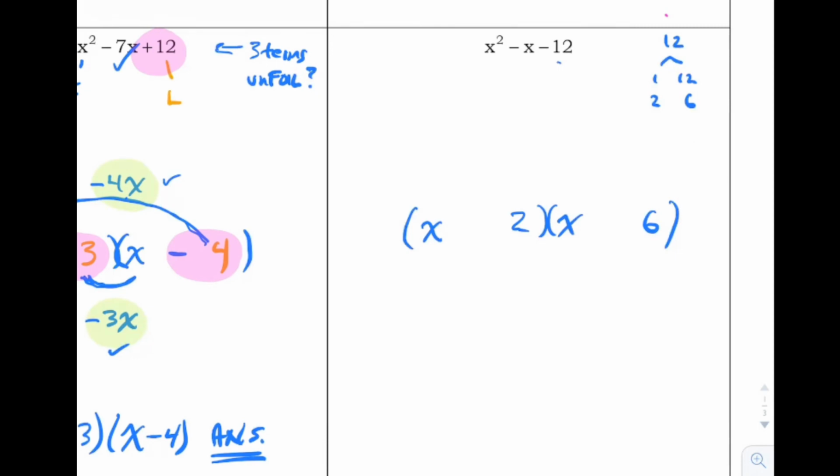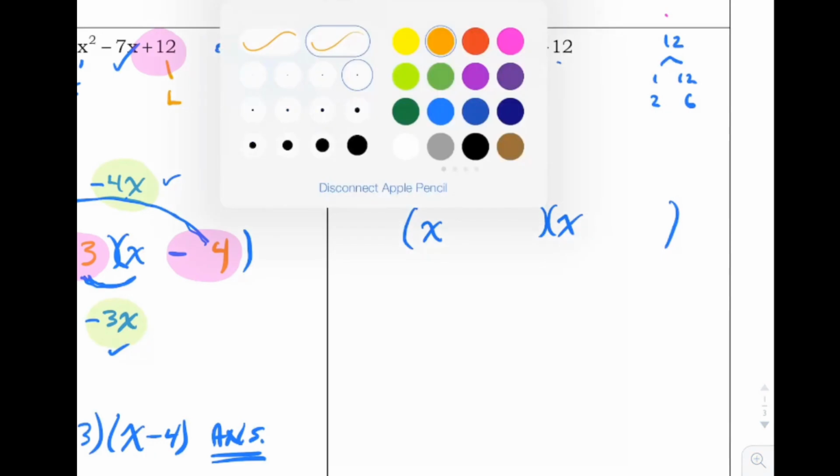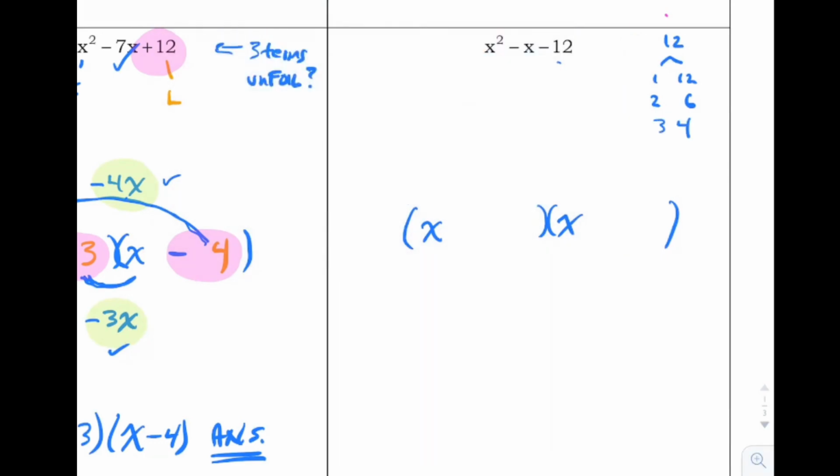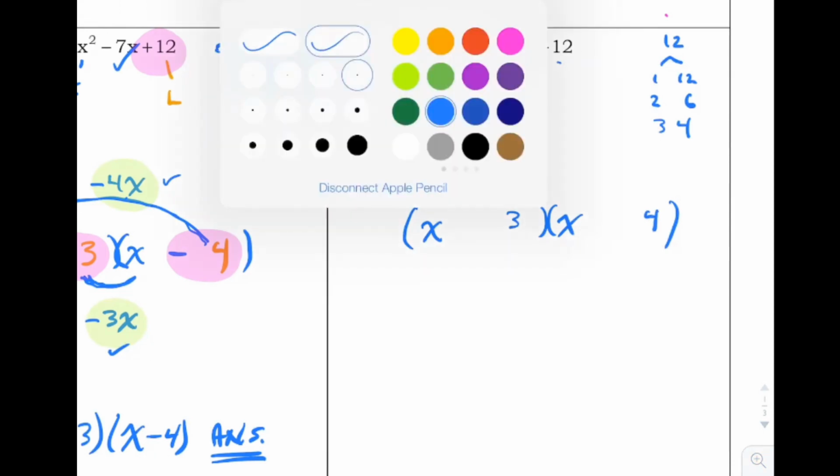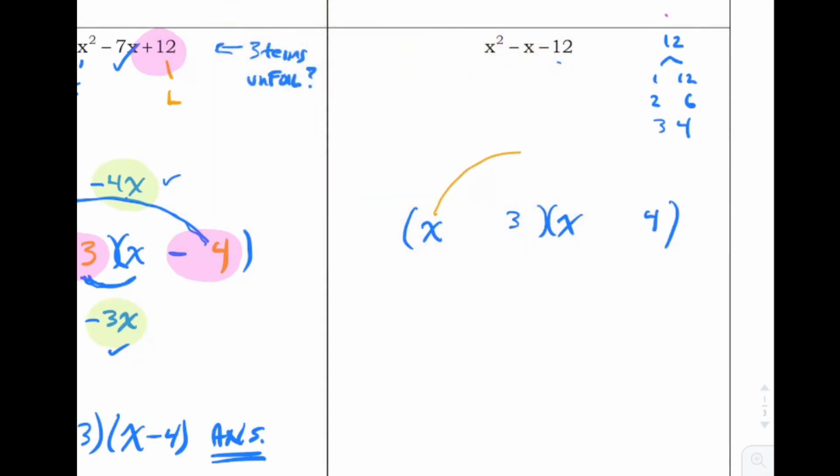Tell you what, let's just go like this. Boom, boom. So again, I'm going to try the 3 and the 4. So I'll put the 3 here, I'll put the 4 here. Again, what matters is the outer and the inner products. So the outside product is a 4 times an x. Could be plus, could be minus, depends how I set up the signs. The inside product is a 3 times an x.